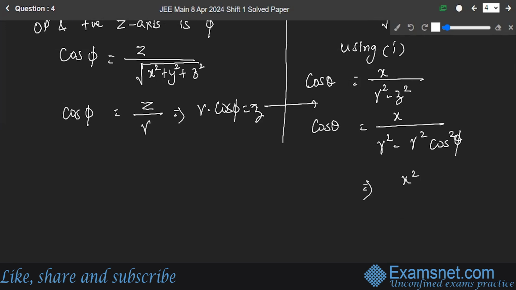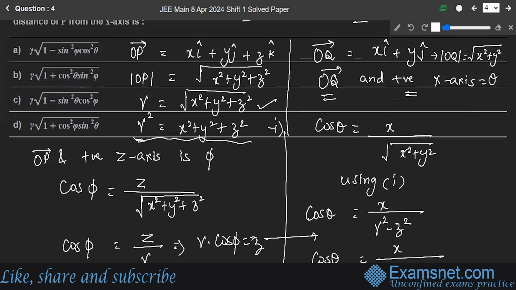It was x only, right? This was under the root, so for that I had to square it. What I have done is, I have to use x square plus y square, so for that I'm squaring both sides and using 1.